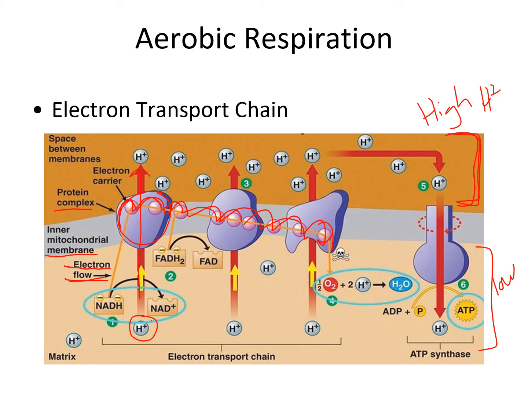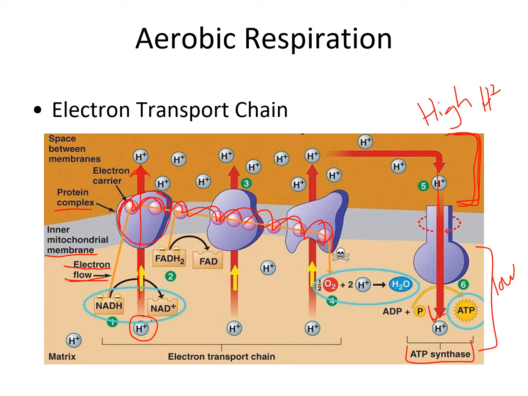So that creates a concentration gradient of hydrogen ions, and then the ATP synthase is going to allow those hydrogen ions to diffuse back to the area of low concentration.